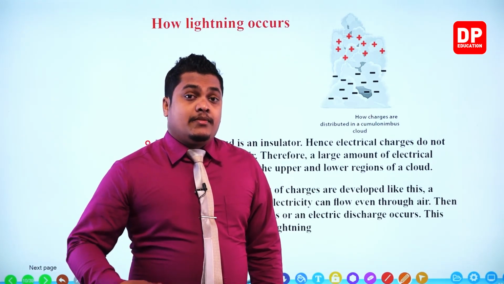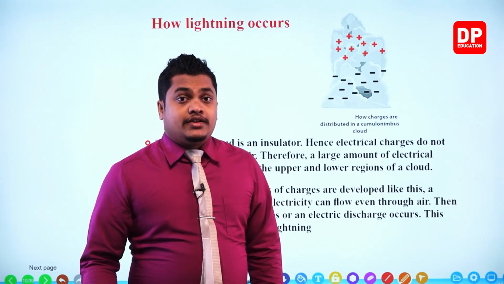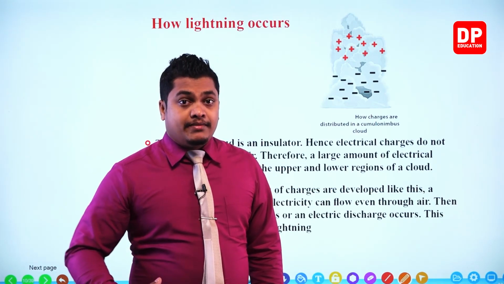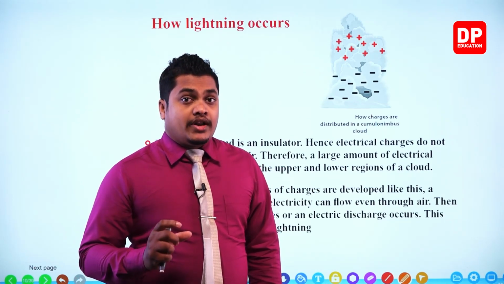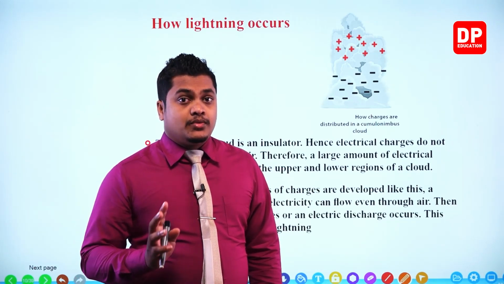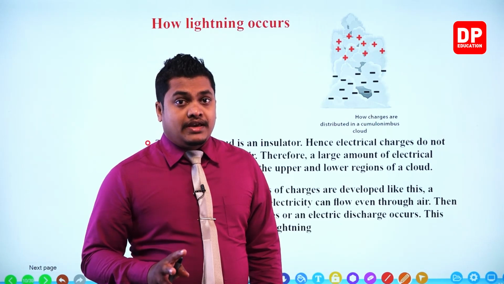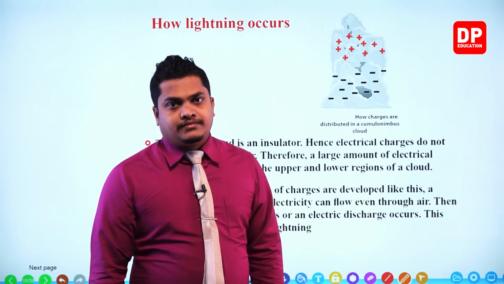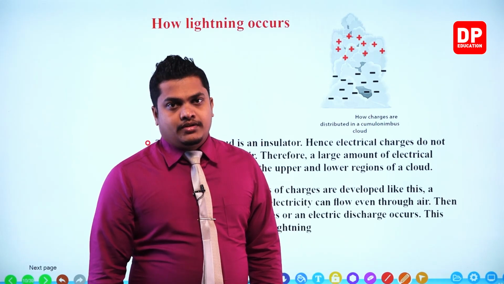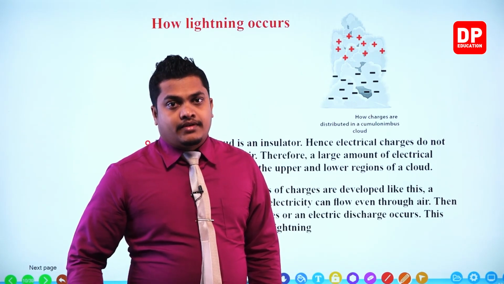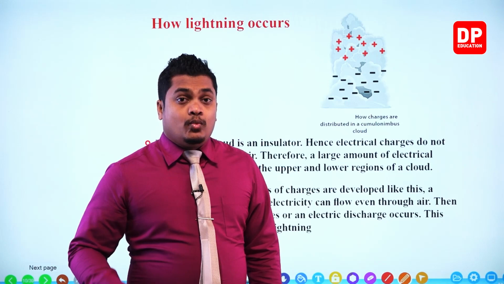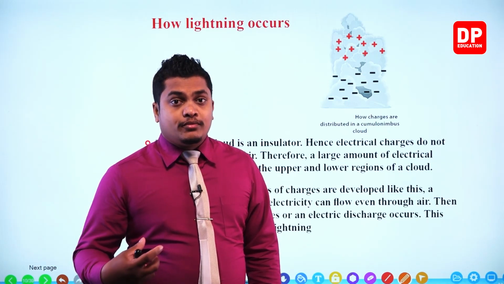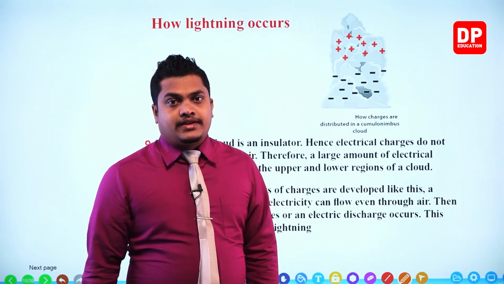As the amount of charge increases from time to time, the potential difference between the top and bottom areas also increases. Finally, my dear children, at a certain instance when this potential difference becomes very high, lightning strikes are going to occur.